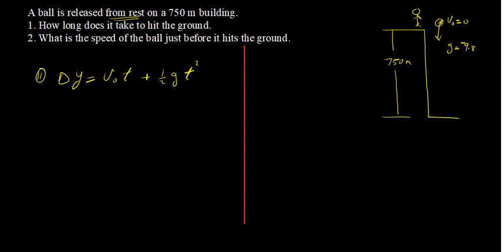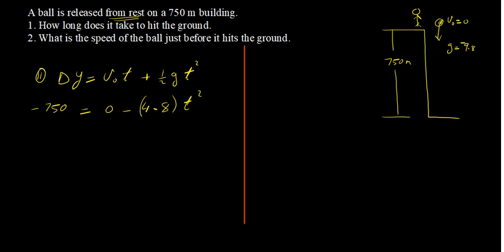Now, let's replace these values. The change in height, it's going downward, so I'll give it negative 750. The initial velocity is 0, and here is 4.8, it's half of the 9.8, and finally t is the time needed for this object to hit the ground.